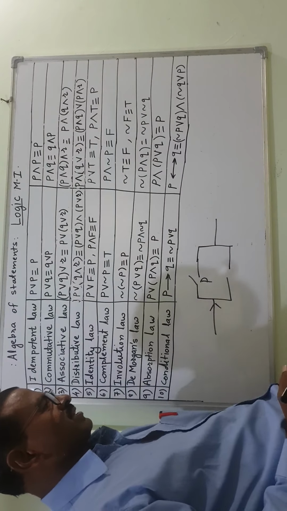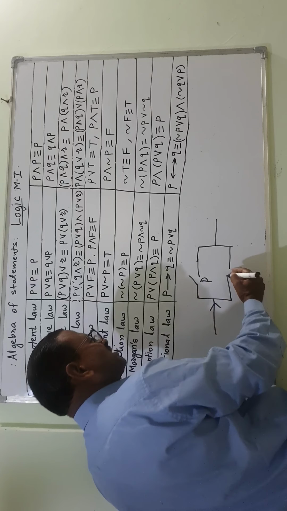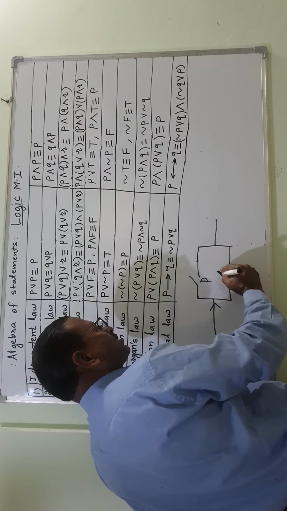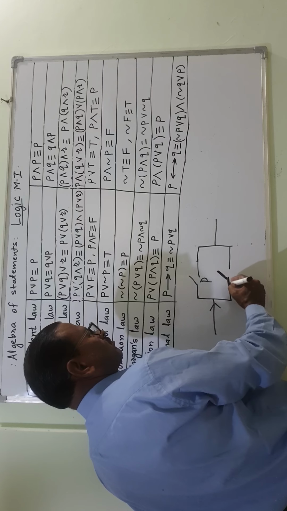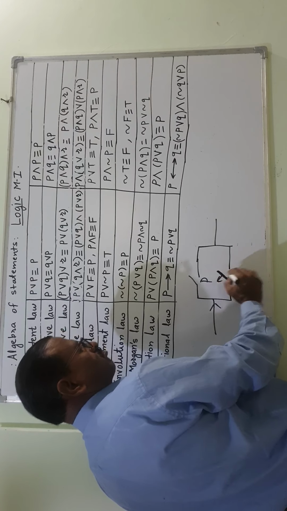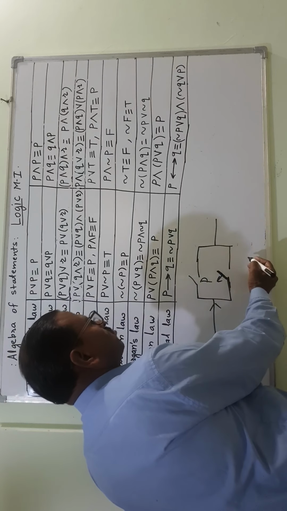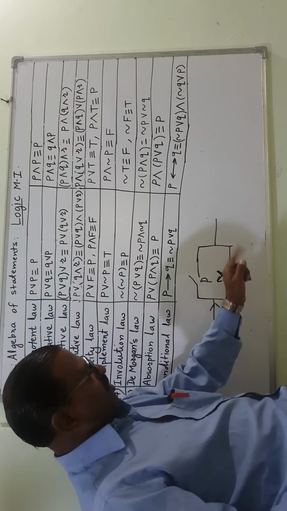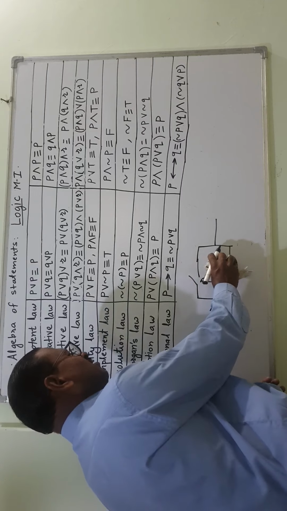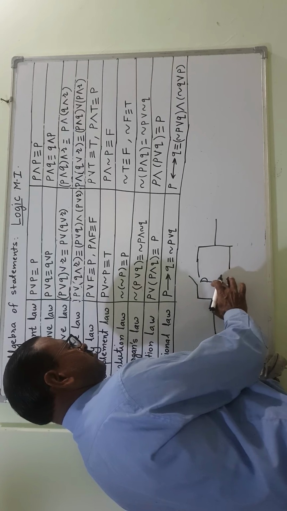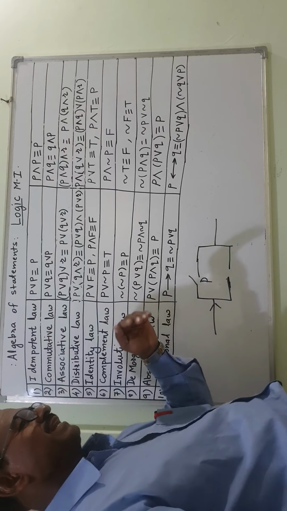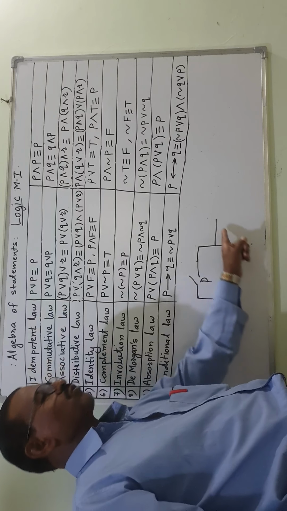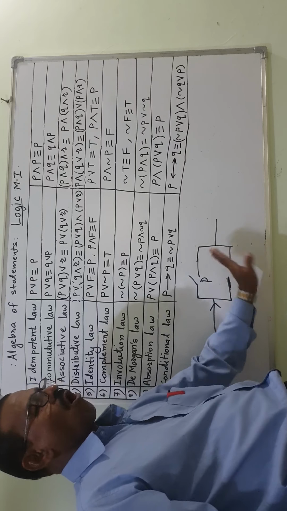That is the meaning of this. Or if the switch is there, it is screwed like this. Fixed. It is not coming down. That is the meaning of false switch. So this is a permanent false switch. Or it is equivalent to the wire is cut. That means that in any case, the current will not go through this. This will be never on.